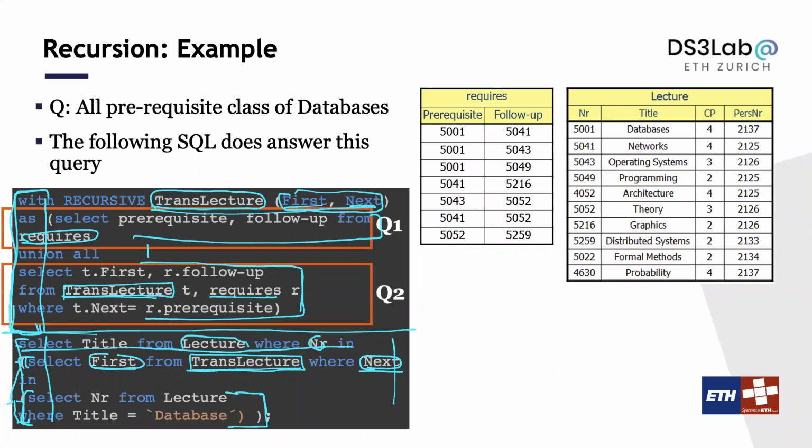okay, let me think about it actually. But with union all, there will always be a result of this second query, so it should always grow, right?